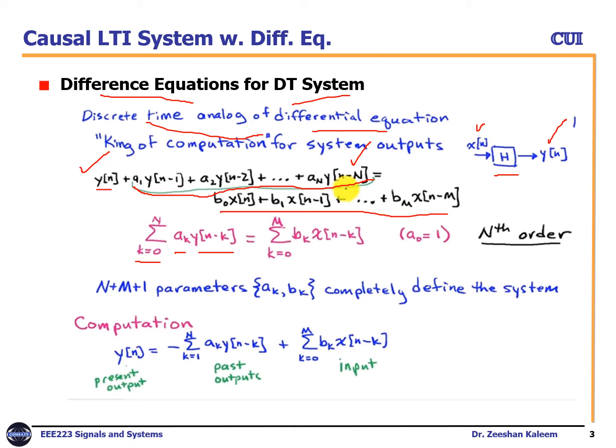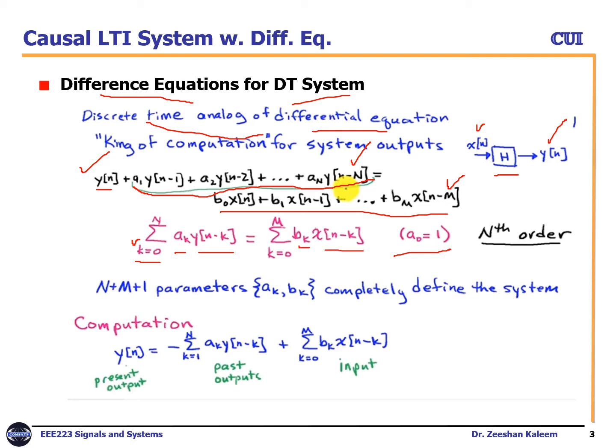So we will iterate with respect to k, from 0 to capital N. So for y[n] here we have a0 equals 1, right? So the coefficient we take beside the y[n] is 1. So equals summation k equals 0 to capital M, because there are M terms here, b_k x[n minus k].